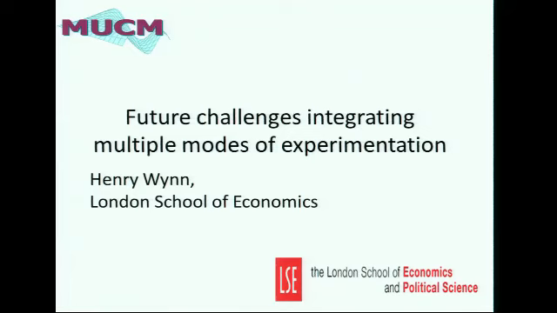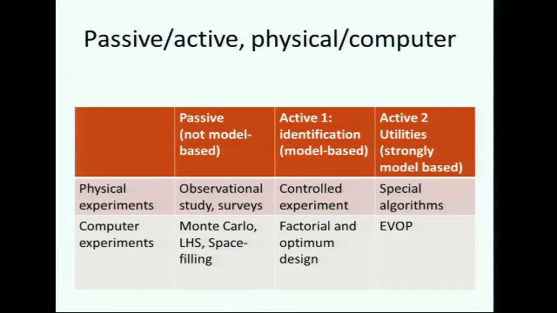Anyway, so I'm going to say very little, and I'll be rather fast, but some of it's a bit philosophical, which is what happens to you when you get a bit longer in the tooth. So one thing I've been obsessed with for many years and never really written anything on is the difference between passive and active experimentation. It goes back to John Stuart Mill.